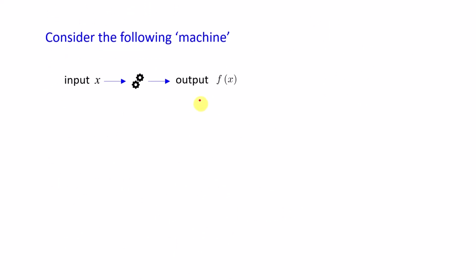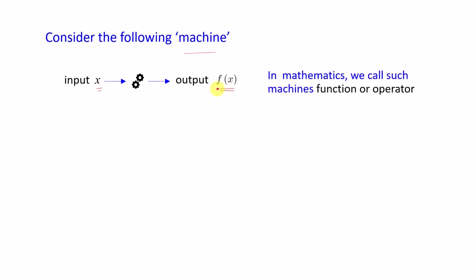Let us take the idea of a machine. The machine takes an input x and gives an output of f of x. This kind of machine in mathematics is called a function or operator. If I give an input x1 to this machine, it will give me an output of f of x1.